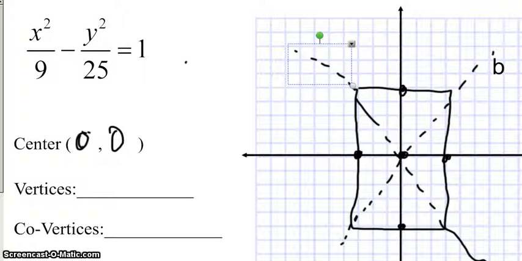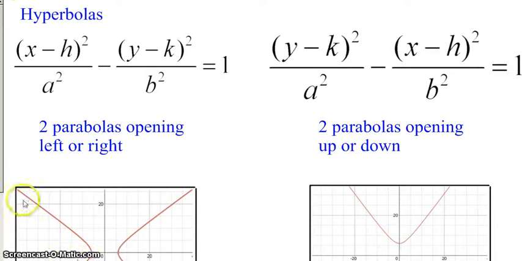They're my guidelines. Since x squared is first, if you remember back to this slide, it means my hyperbola will open sideways.